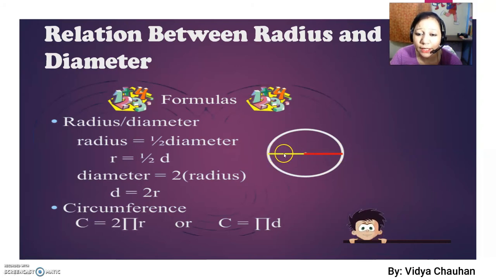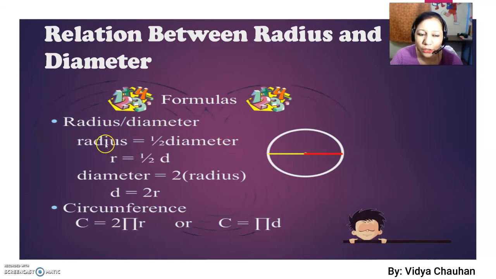Here you can see that we are getting two radii, one in the red shaded portion and another in the yellow shaded portion. These two radii, when joined together, form the diameter of the circle. So radius is half of the diameter.